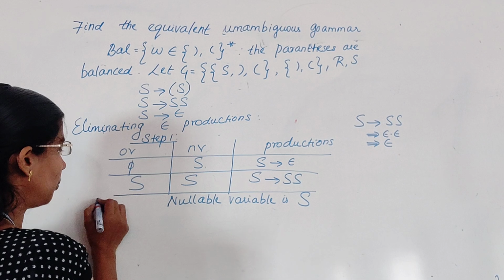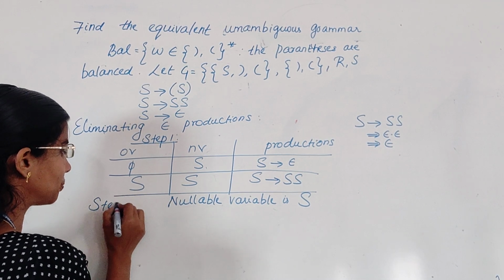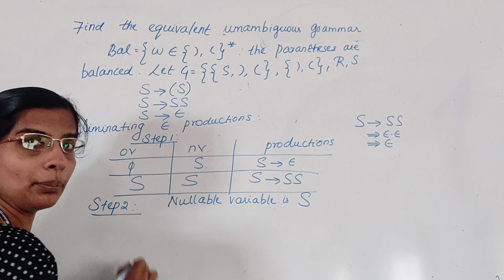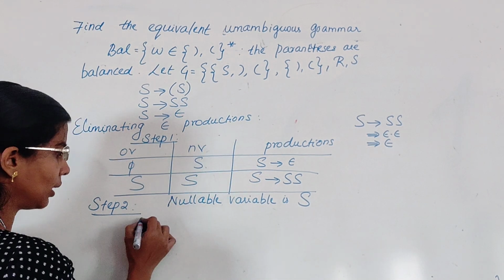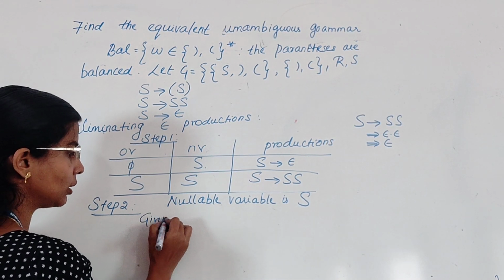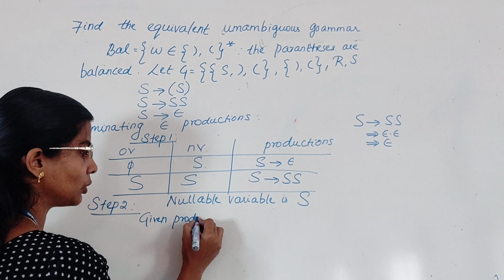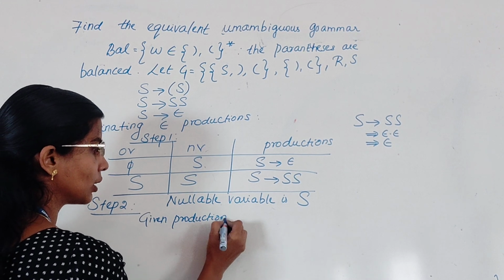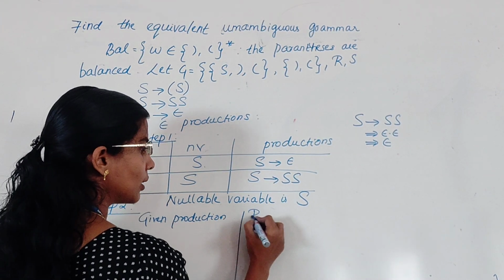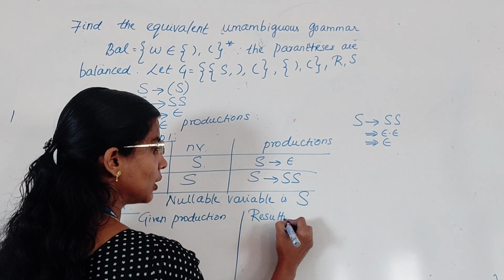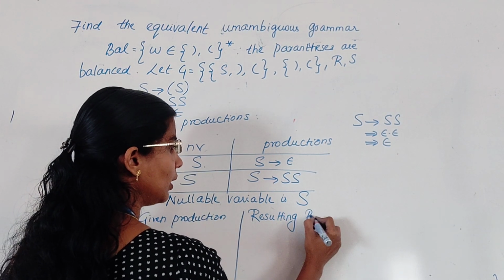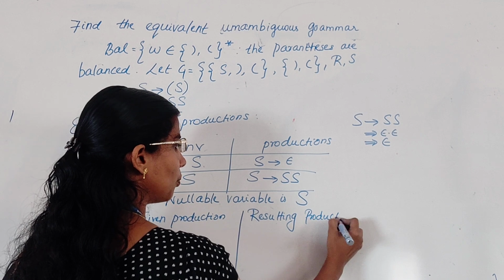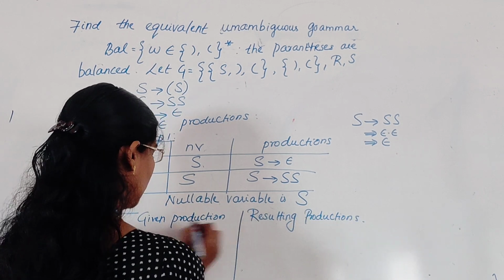And coming to step 2 of eliminating epsilon production, you have to write the given productions and the resulting productions.